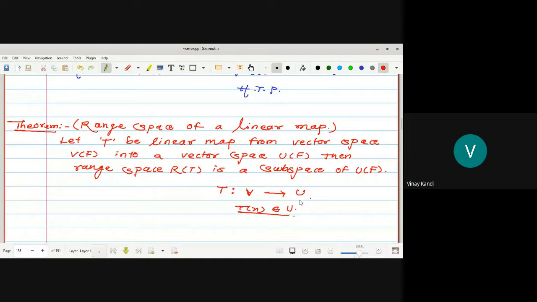Now we have to show that the range space is a subspace of U over F. Now look at the proof.